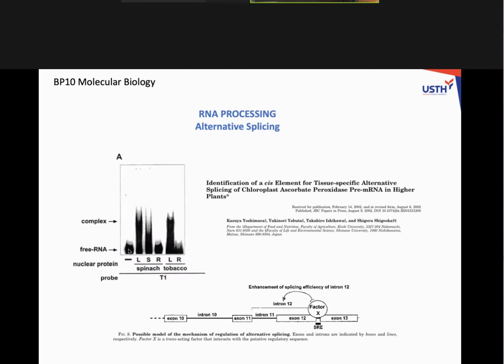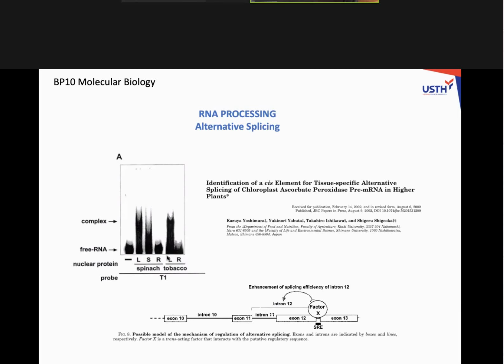Okay, that's your control. And then they repeated the experiment, but we're going to look at only the two last lanes on the right. They used protein extract coming from the nucleus. Okay, so this is protein extract. They obtained this extract from tobacco plants, and they used two different organs for the extraction. L means leaves.